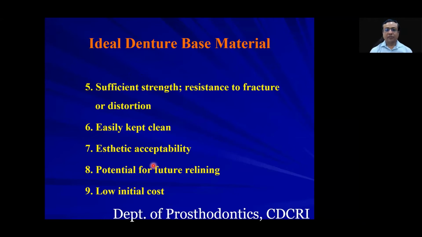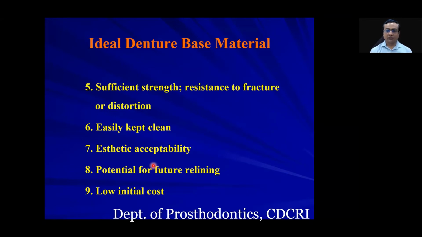Also, the denture base material should have good strength because there are chances that the denture might fall. So ideally, your denture should not break on accidental fall. Sufficient resistance to fracture should be there. Then your denture base should be easily kept clean.